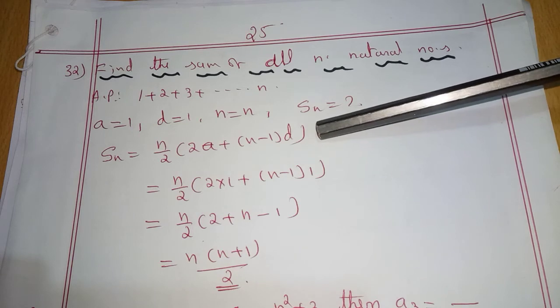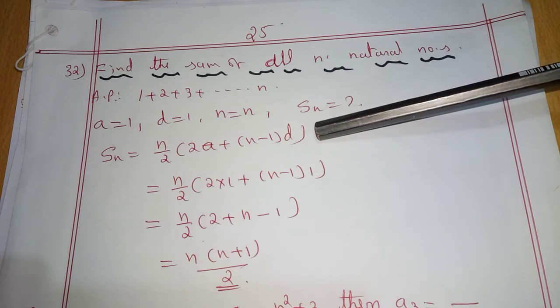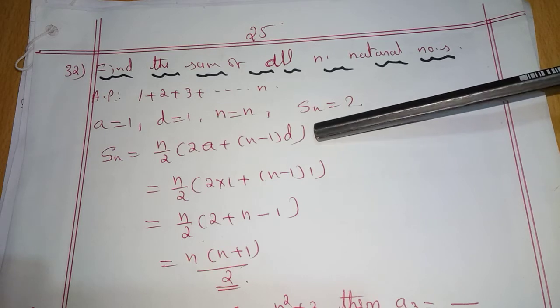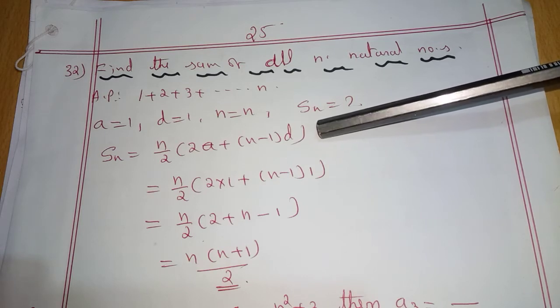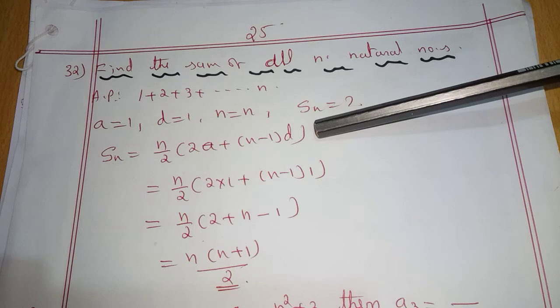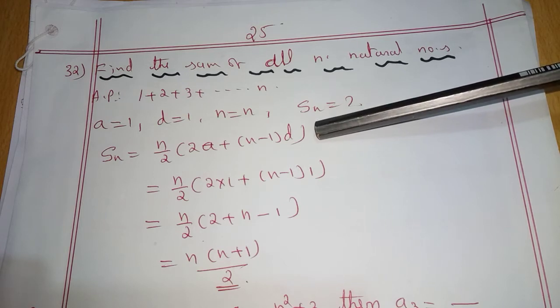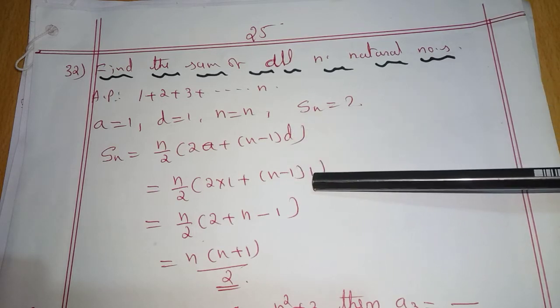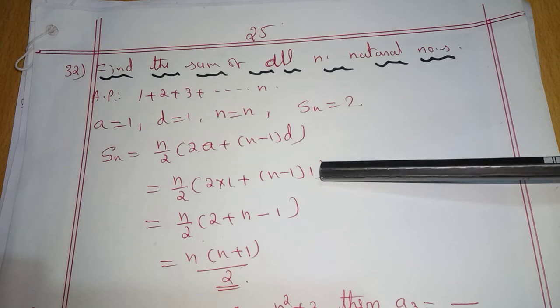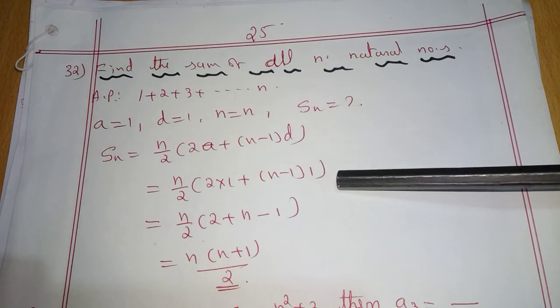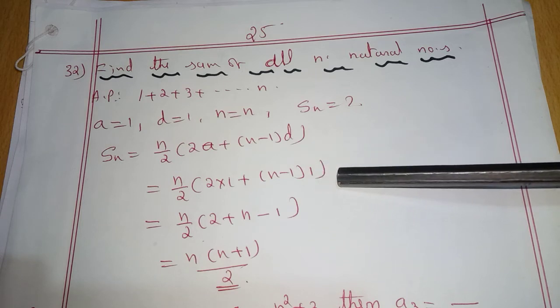Which formula? Lengthy formula. Correct. Sn is equal to n by 2 into 2A plus n minus 1 into D. Sn is equal to n by 2 into, inside the bracket, 2 into 1 plus n minus 1 into 1.